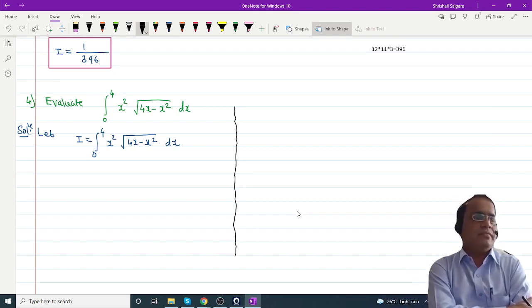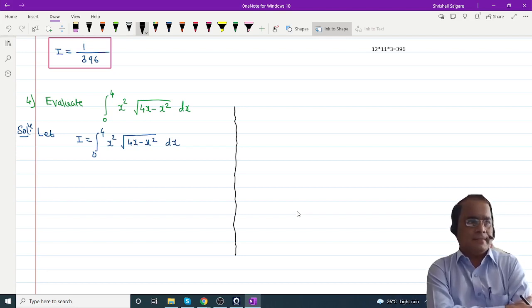Anyone? Aditya, are you there? No, okay. Kavita, can you guess what will be the substitution? x square is equal to t.